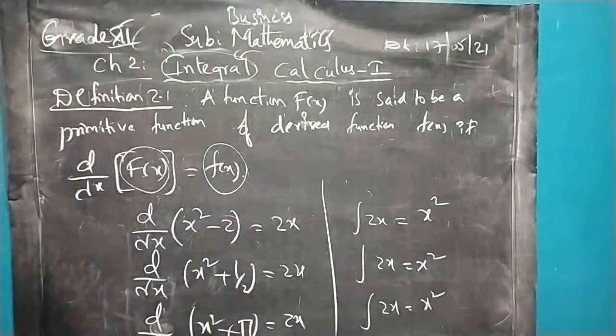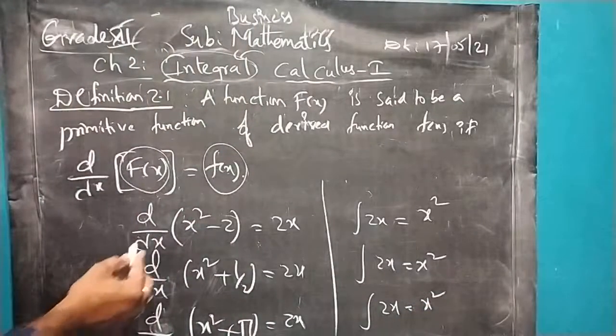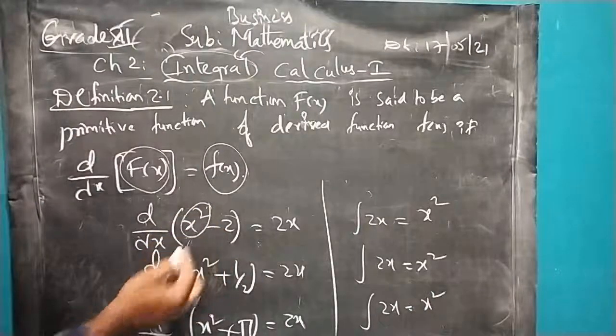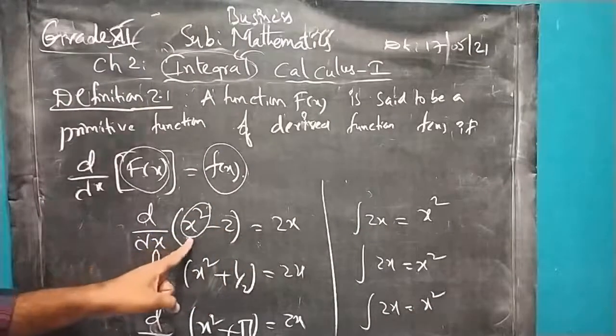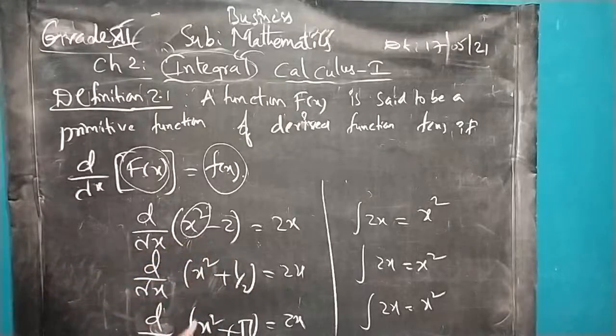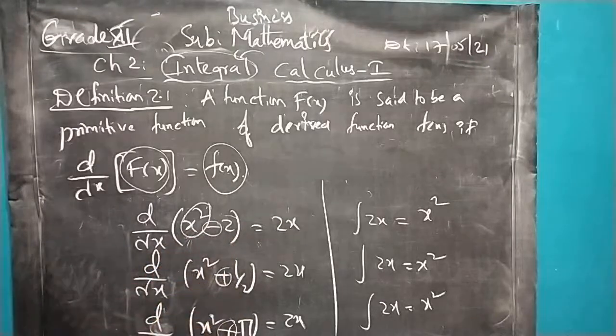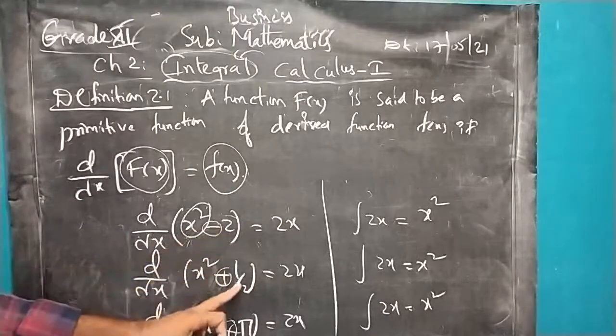By these examples, what we have understood is that for the given function x square, the primitive functions keep changing, but the answer we get is the same. We are just doing addition or subtraction of some constants: 2, 1 by 2, pi.